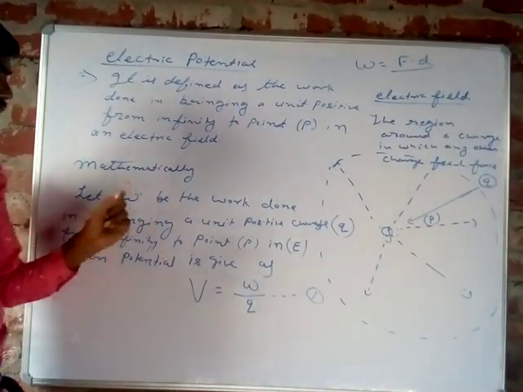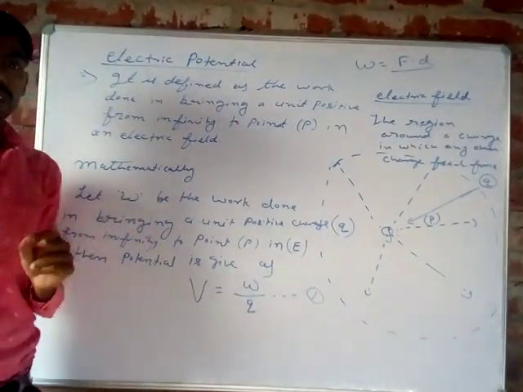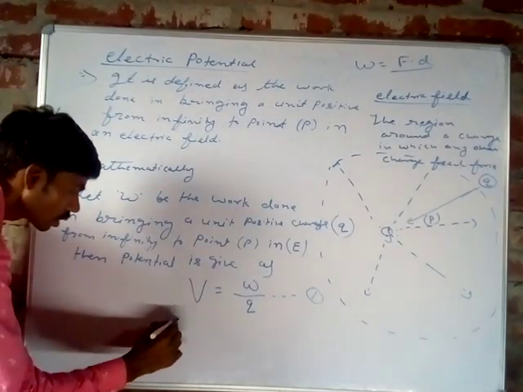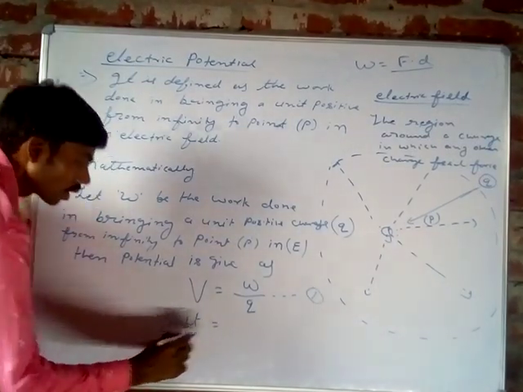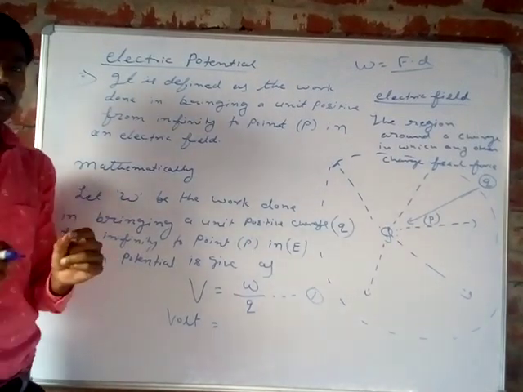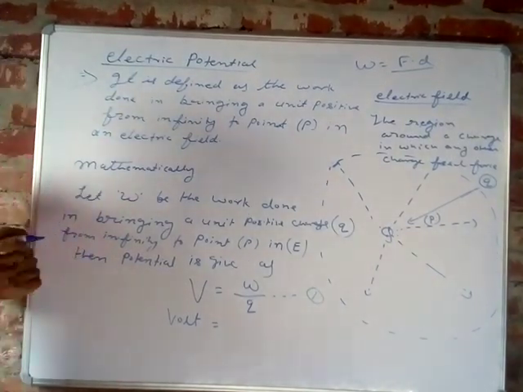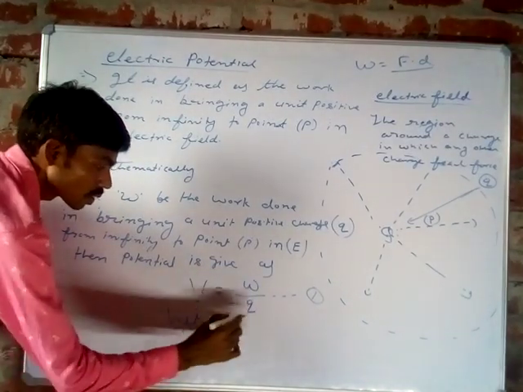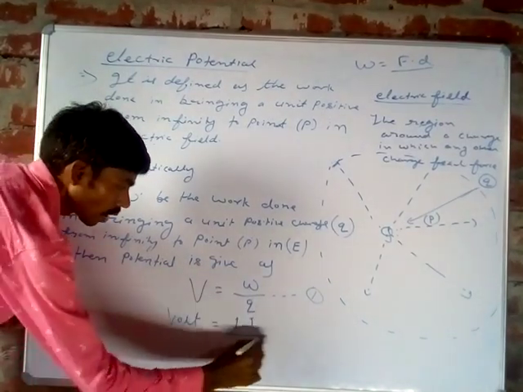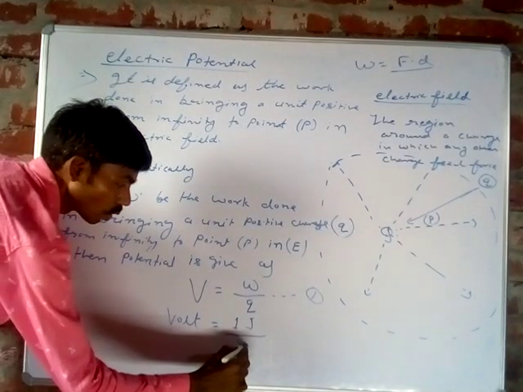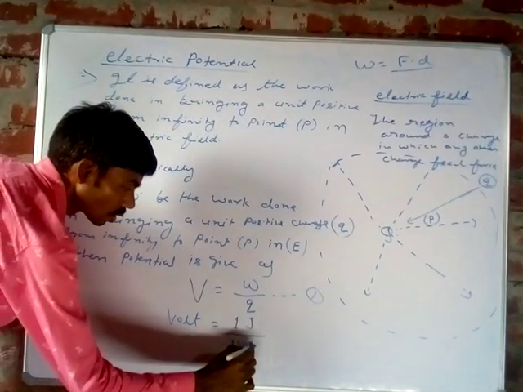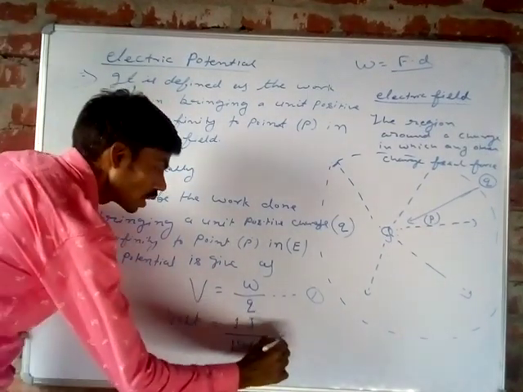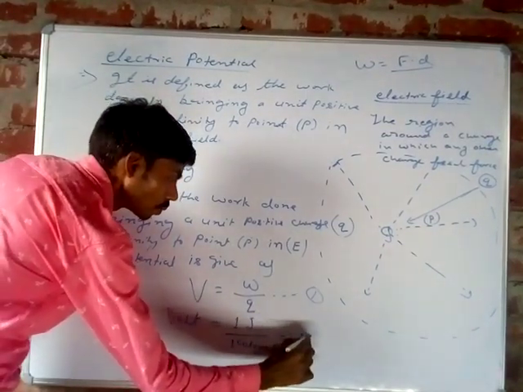Next, what is the unit of potential? The unit of potential is the volt. If you define 1 volt, the unit of work done is the joule, and the unit of charge is the coulomb. That means 1 joule per coulomb.